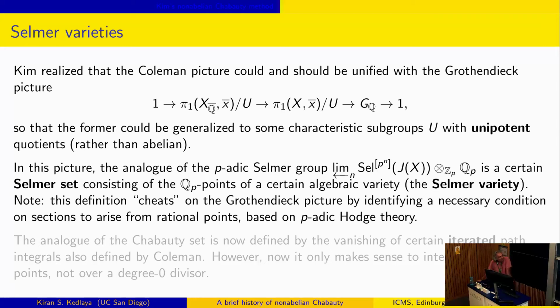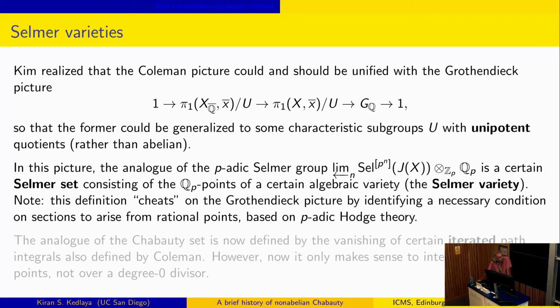But this set has some structure, in particular if you take U to be something not too complicated. So, for instance, before I had taken the quotient of the kernel of the maximal abelian pro-p quotient.